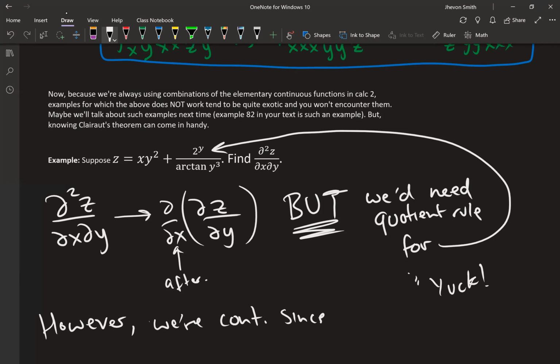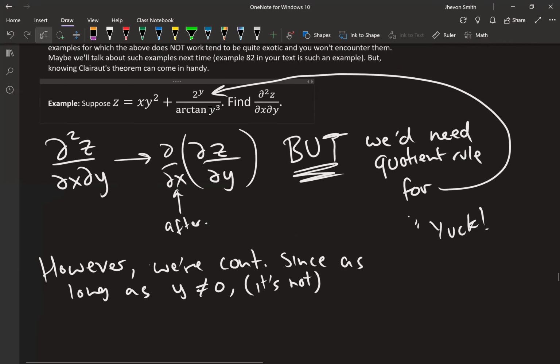As long as y is not 0, and it's not, everybody's continuous. Why? Because to get the arctangent of 0, your y would have to be 0, and then you would divide by 0. But as long as your y is not 0, you would not divide by 0. And how do I know it's not 0?